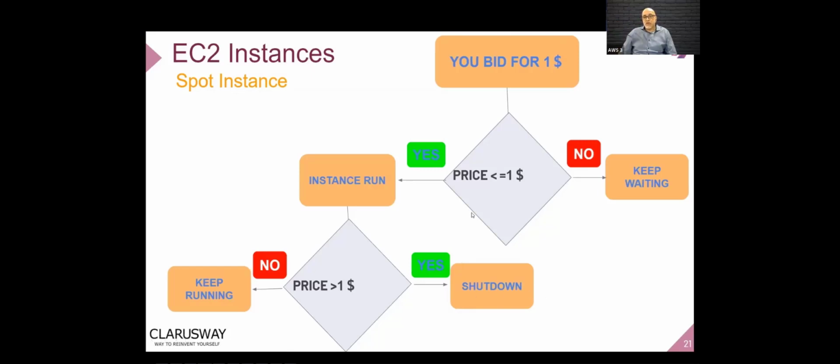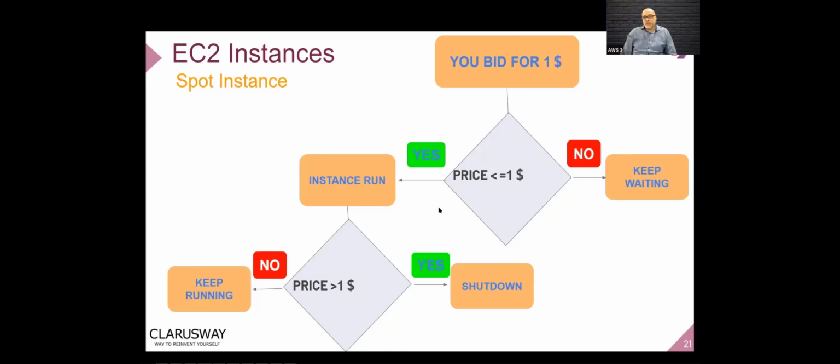So as you can tell, this is good if you've got some workloads where it doesn't matter whether it shuts down here and there, you're just trying to keep the price down. I don't know if batch jobs would be a good example, but testing might be a good example, where you have automated tests that run, and if it starts and stops, it doesn't really matter to you, it's going to eventually run.